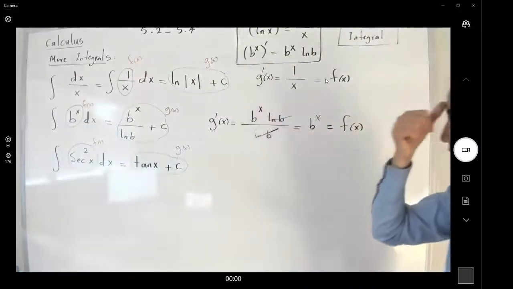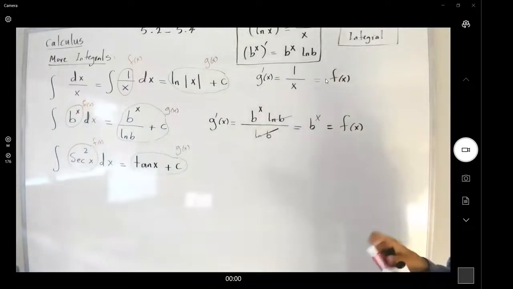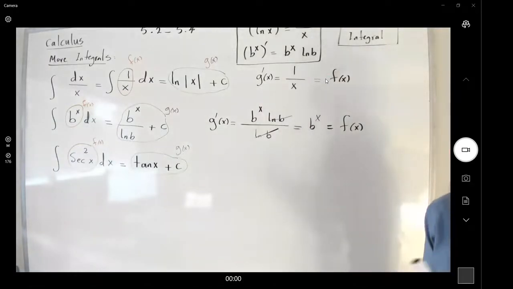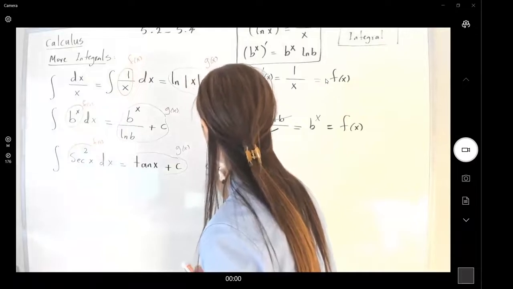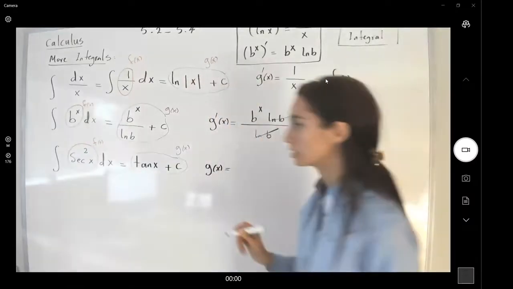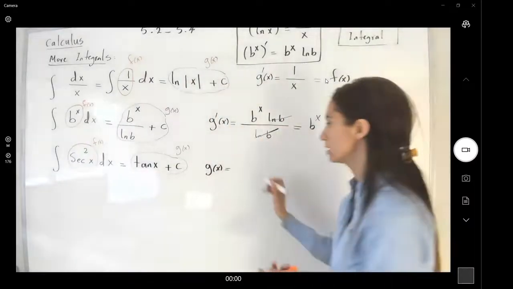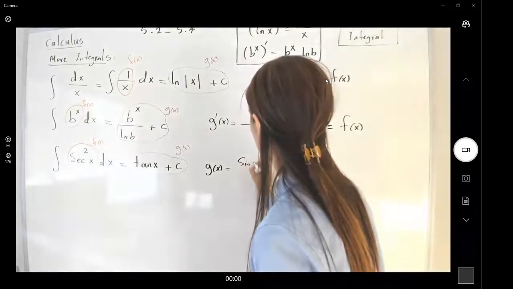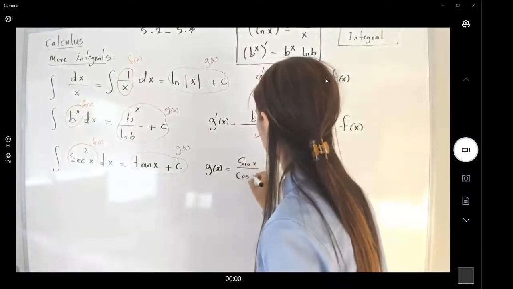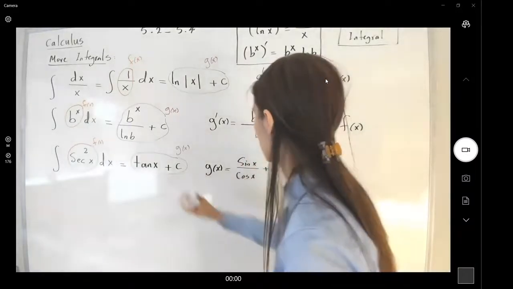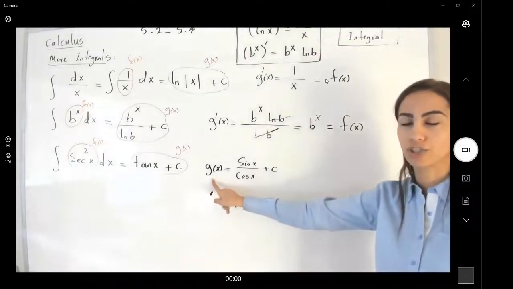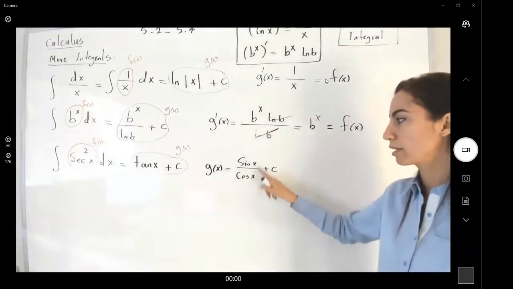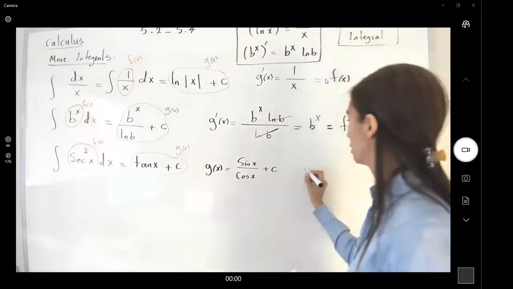Okay, so you're taking the derivative of g. G of x is equal to tangent x. Remember that tangent was sine over cosine. Here you have constant c as well. Now when you want to take the derivative of g, you're actually applying the quotient rule.